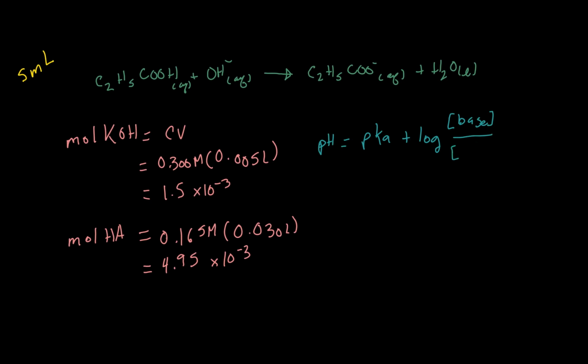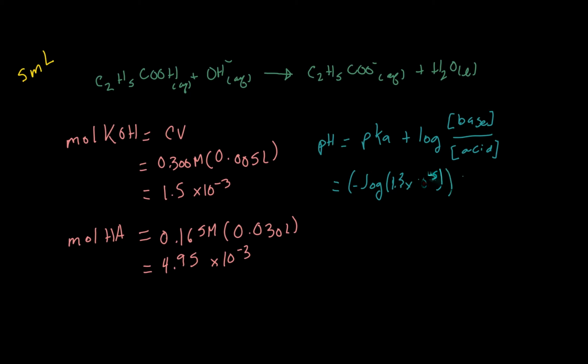And because we have the same volume that they're combined in for each, we can just write the molar values here. We don't need the actual concentrations, which is lovely. Okay, so pKa is going to be the negative log of our Ka value. So negative log of 1.3 times 10 to the negative 5.